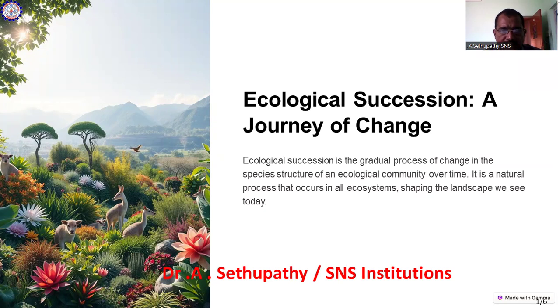Ecological succession is the gradual process of change in the species structure of an ecological community over time. It is a natural process that occurs in all ecosystems, shaping the landscape we see today.